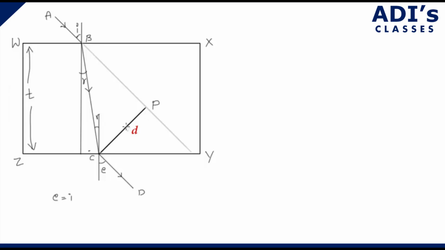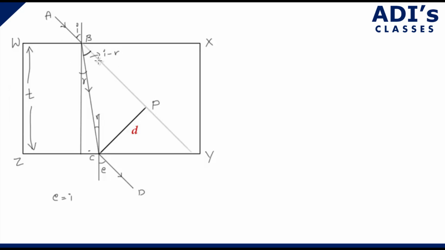So we need to consider the lateral shift for a particular material and then calculate it. So we need CP. Now if this is angle I and this is angle R, then this particular angle will be I minus R, right?